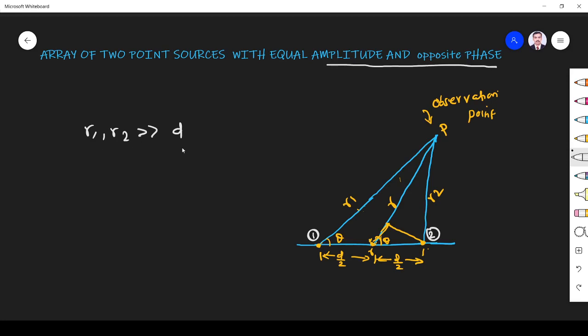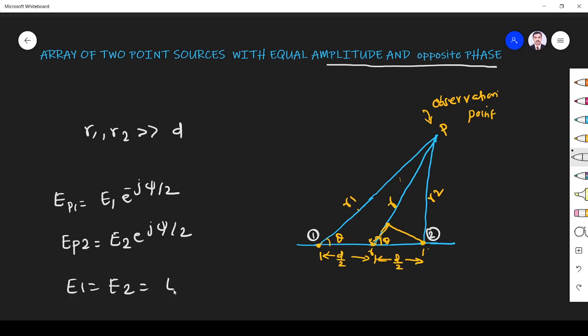We know that the electric field at point P due to point source 1 is given by EP1 is equal to E1 e power minus j psi by 2. The electric field at point P due to source 2 is given by E2 e power j psi by 2. But since these two antennas are fed with current of the same amplitude, E1 is equal to E2, that is equal to E0.